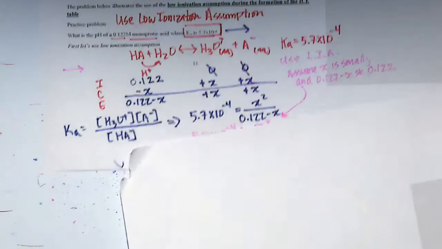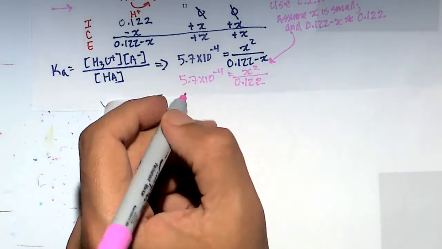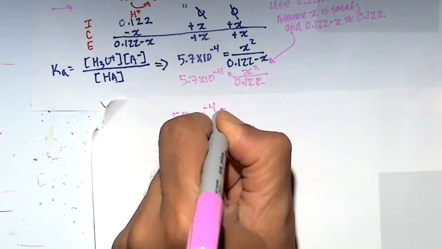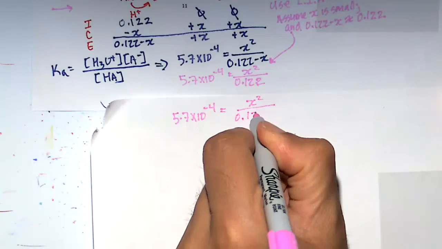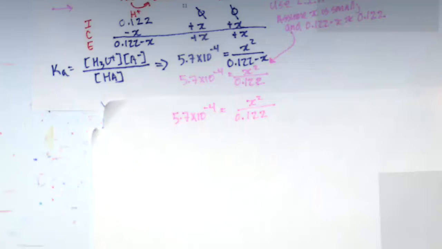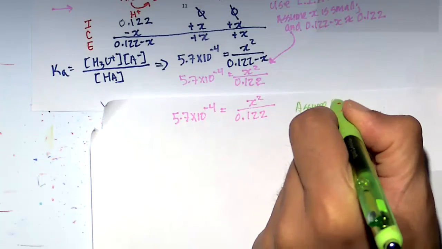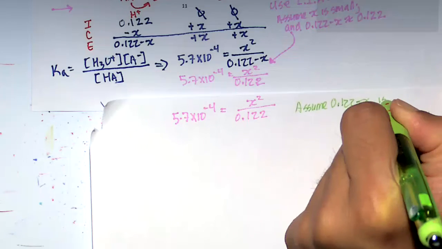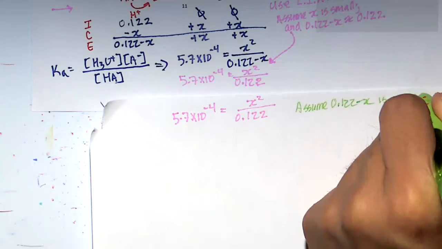So continuing on. Here's our low ionization assumption. Once again, assume 0.122 minus x is about 0.122. This is the low ionization assumption.